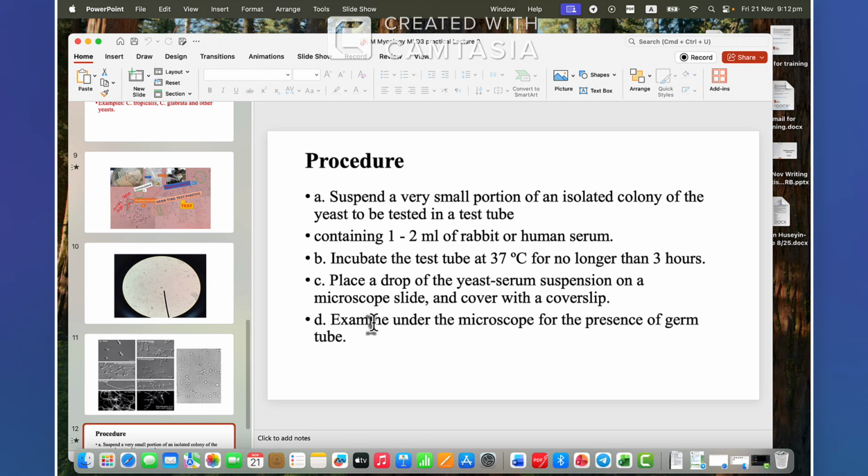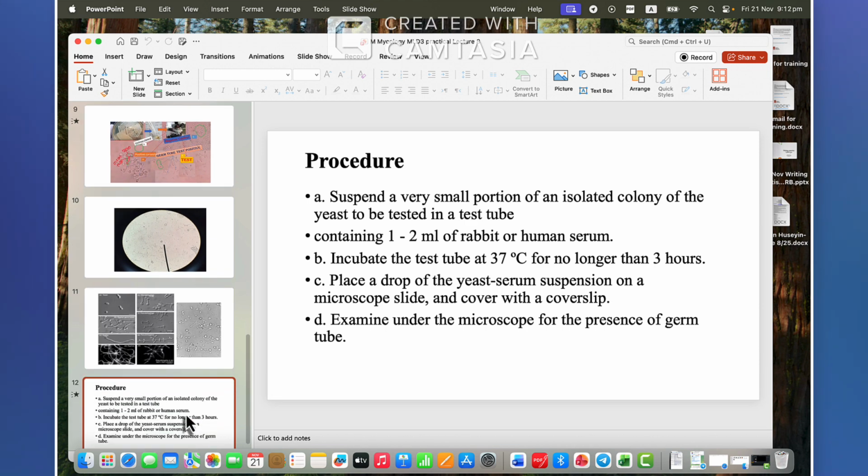One drop is enough from the serum after incubation, put it on the slide, put the cover slip on, and examine under the microscope. You will find the germ tube. I think we did 2 species: Candida albicans, which is positive, and the others are negative, the other species like Tropicalis, glabrata, or krusei.